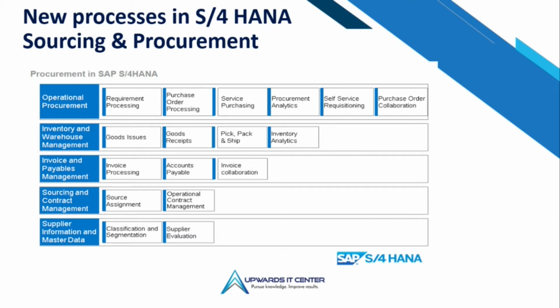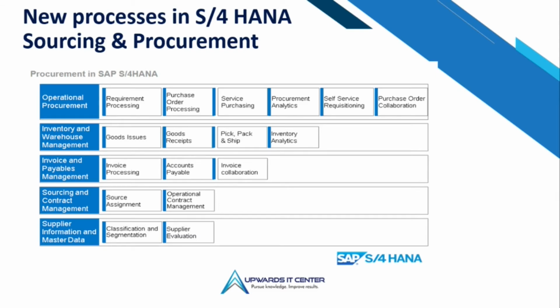So there are a lot of new reports in S/4HANA Sourcing and Procurement. Self-service requisition: now we have a catalog that allows you to buy faster with pre-data that's already configured and saved in the system.